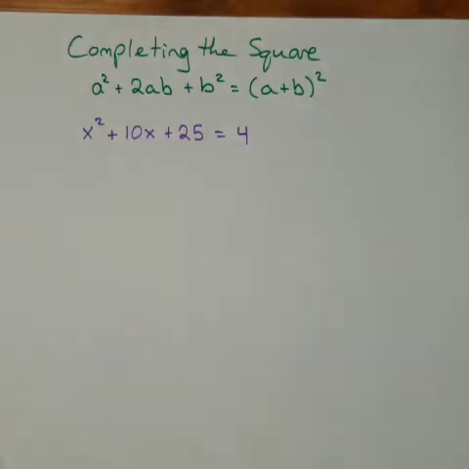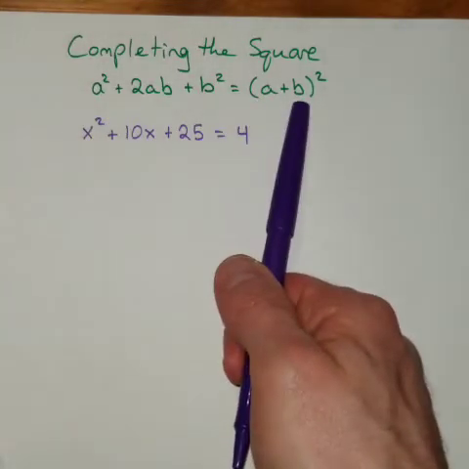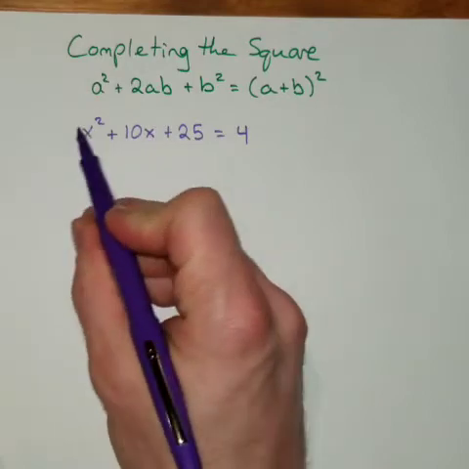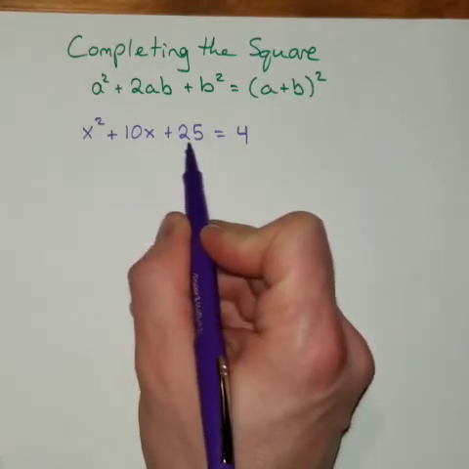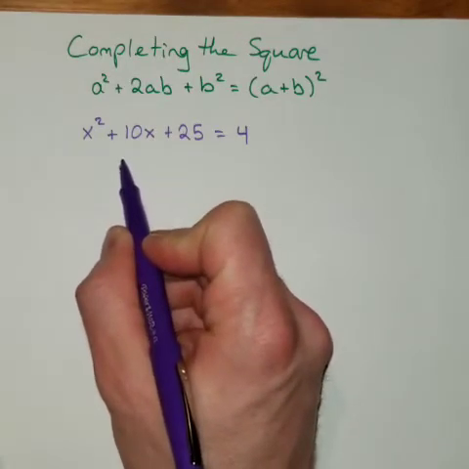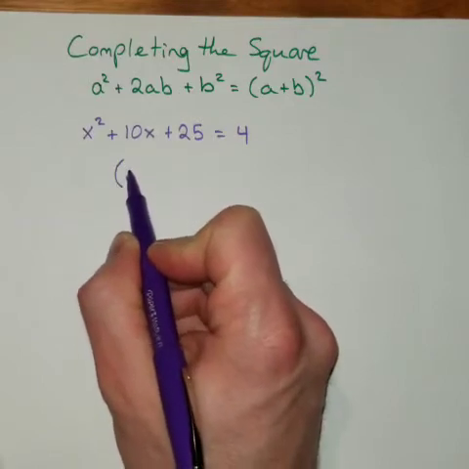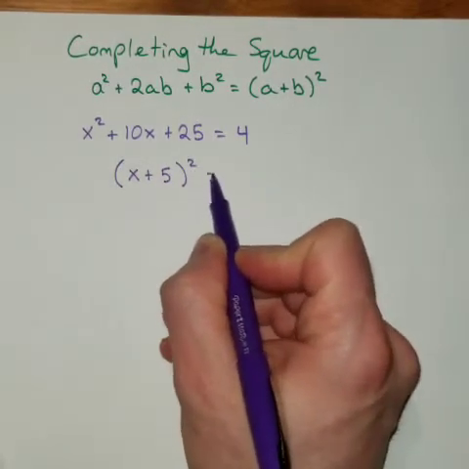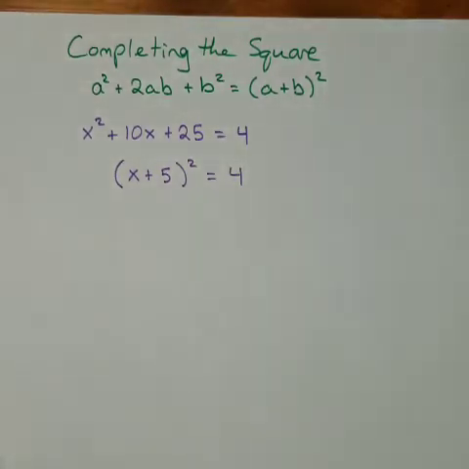But now we can utilize this perfect square trinomial idea, and I can look at factoring the left side here. Because it's a perfect square, I can turn it into x plus 5 quantity squared equals 4.